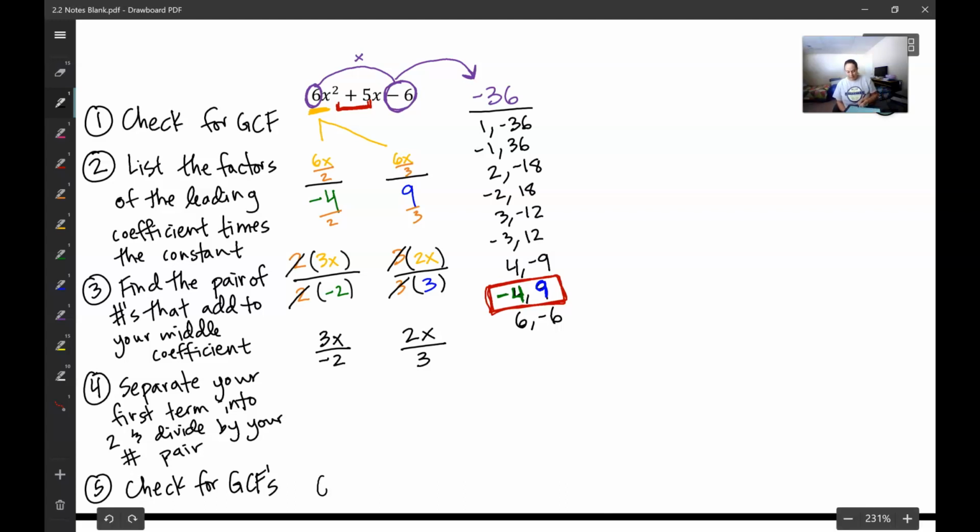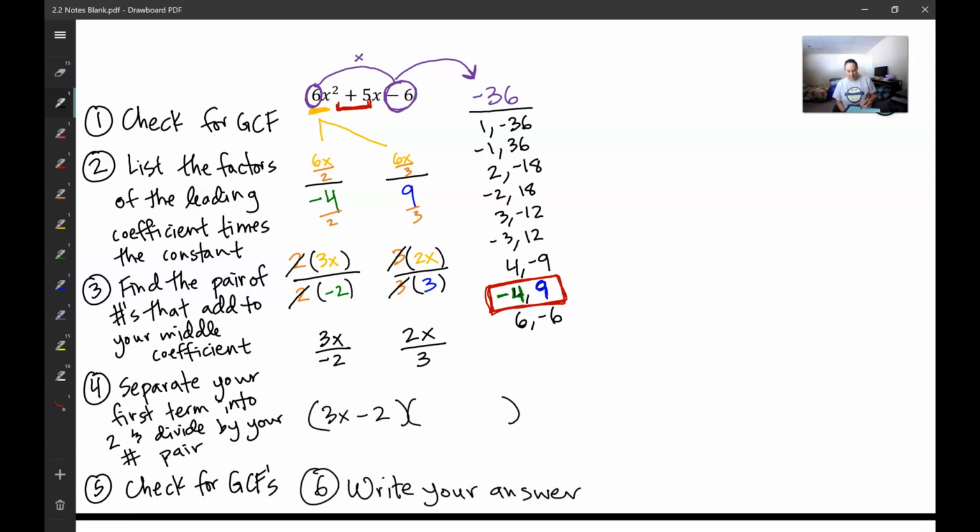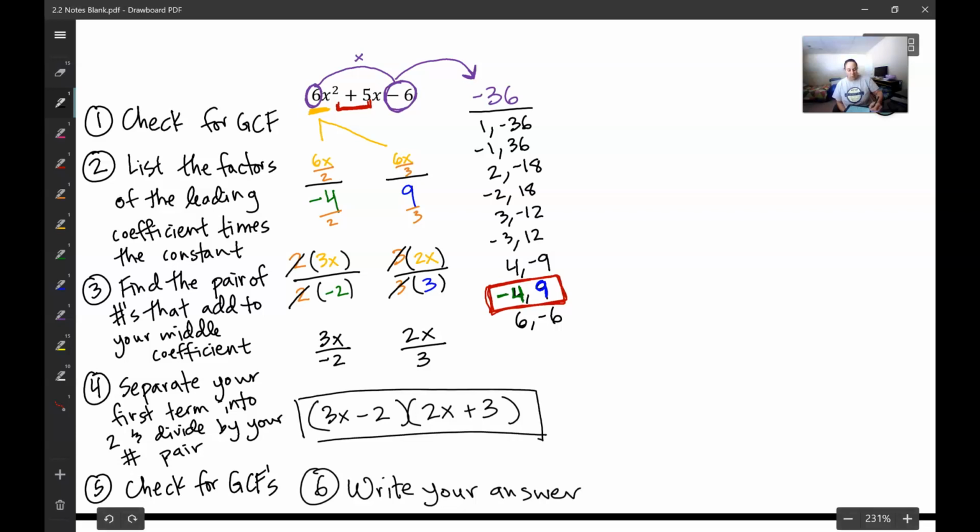And then finally, step 6 is write your answer. So at this point, our answer is 3x minus 2 for the first parentheses, and then the second one is 2x plus 3. Just like that. And just like with the first ones, if you want to go through, you can double check by multiplying these. So I'm going to distribute and distribute.